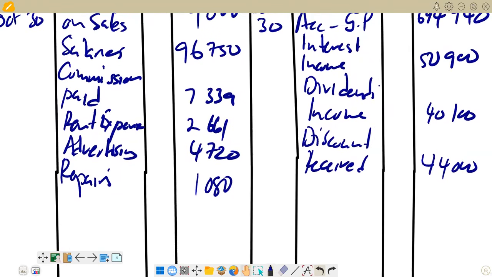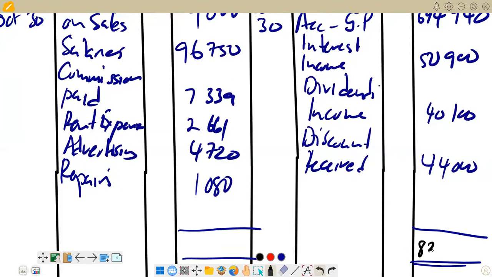So you also have to balance it and add the total of the debit and add the total of the credit. Then you compare the two. If you compare the two, you see that the credit side is the greater side. So this is the total that is going to come both sides in between the double lines. If you add the total correctly on the credit side, you are going to get 829,940.